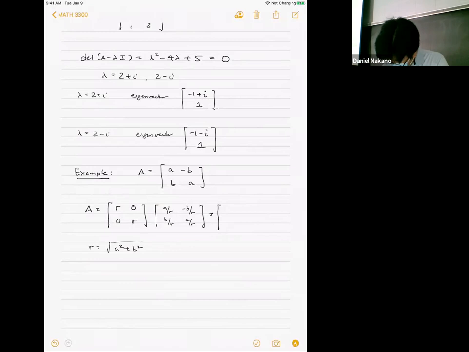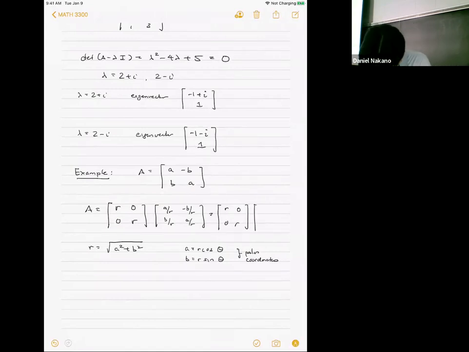Another way to write this is in terms of polar coordinates. A is equal to r cosine theta, and b is equal to r sine theta. These are polar coordinates, as you've seen before. So a over r is cosine and b over r is sine.